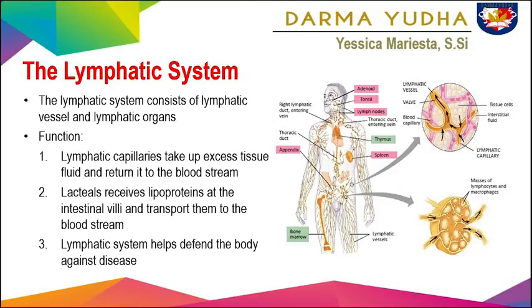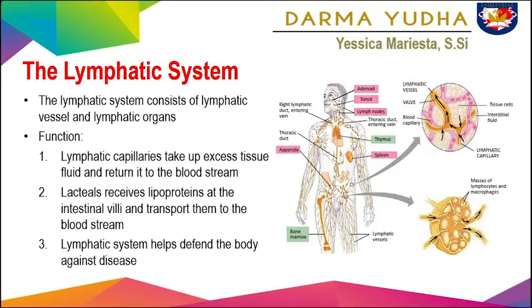For example, the tissue fluid and the lymph in the liver have particularly high concentrations of proteins. High concentrations of lipids are found in the lymph in the wall of the small intestine shortly after a meal. Here, the lymphatics are found in each villus, where they absorb lipids from the digestive tract.